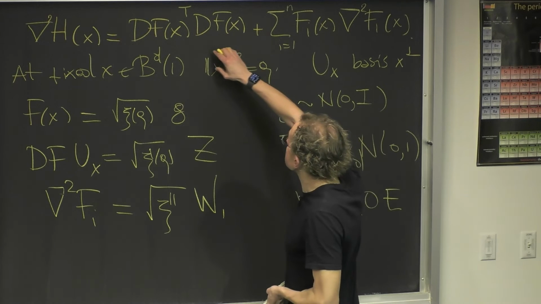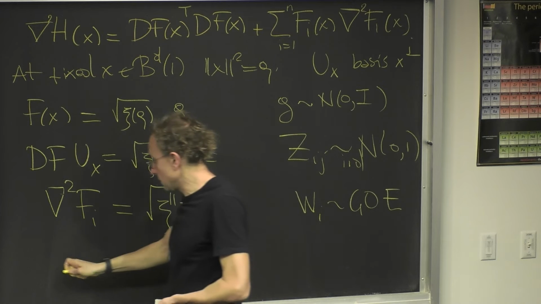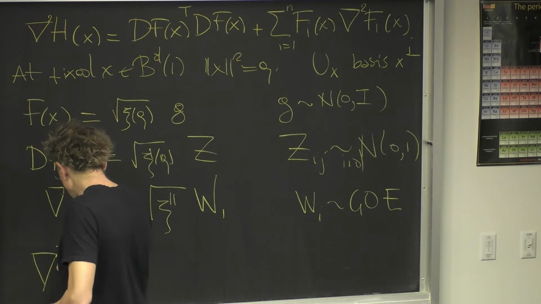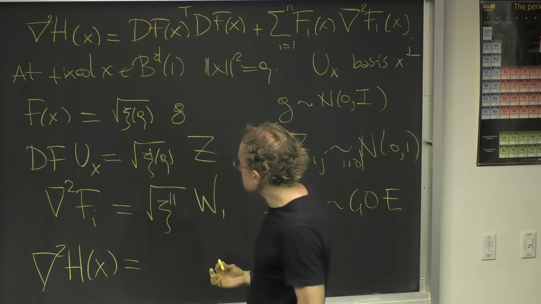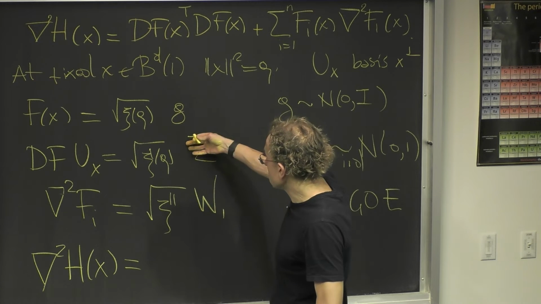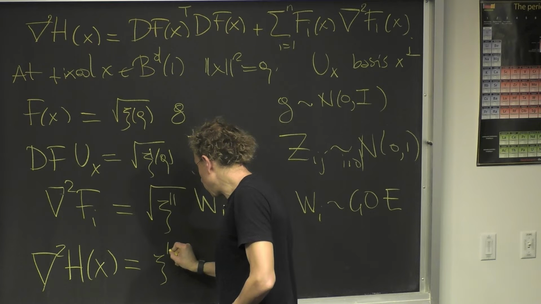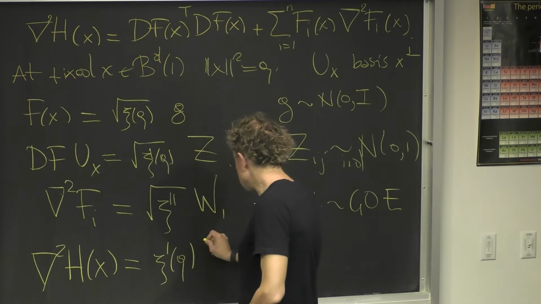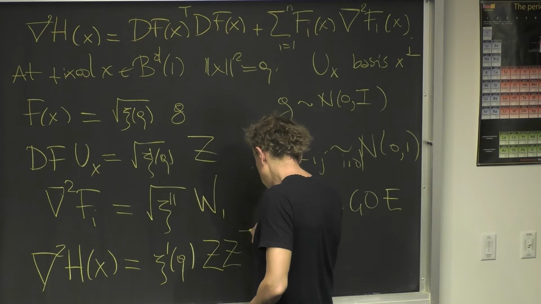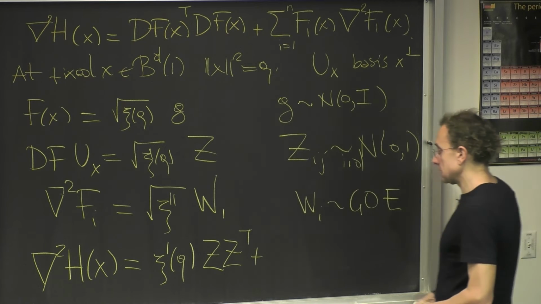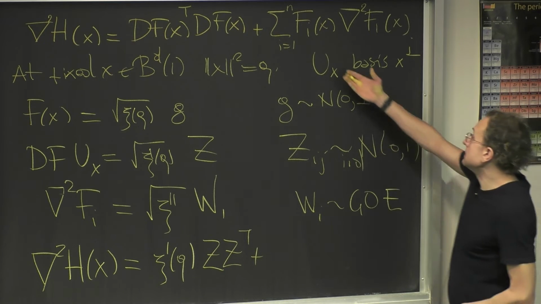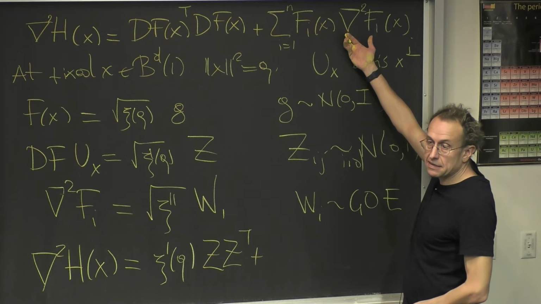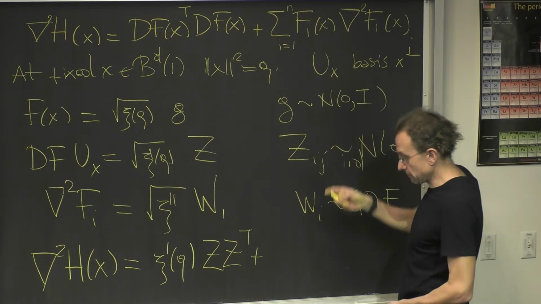Therefore, if you look now at the Hessian, at a fixed point, this part gives psi prime of q times Z transpose Z. So it's a Wishart matrix times a coefficient, plus a sum of GOE matrices, which is itself a GOE matrix.